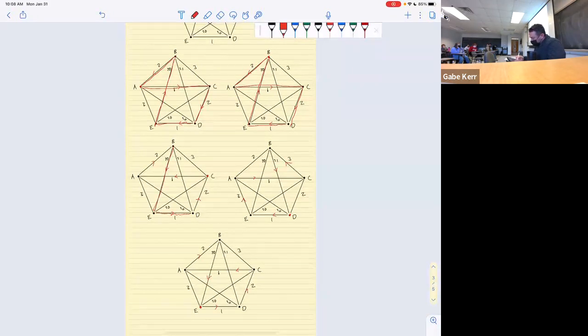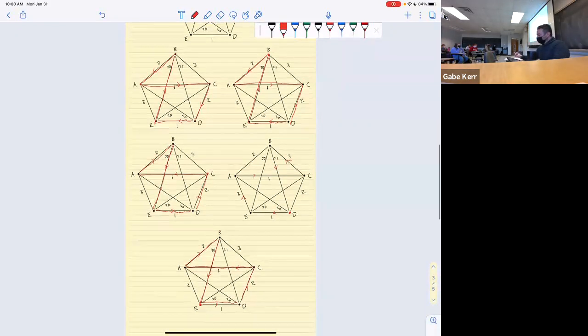What do you guys think? Seeing something? These guys, up to a flip in the direction, in some cases, are all the same set of edges, right? Up to changing the direction, it's the same. This guy is different. This one is different.